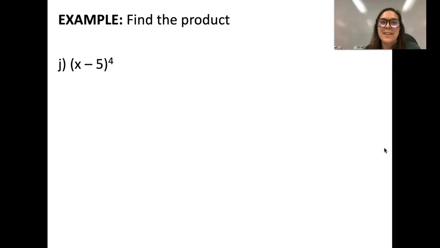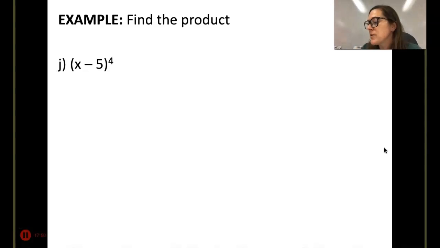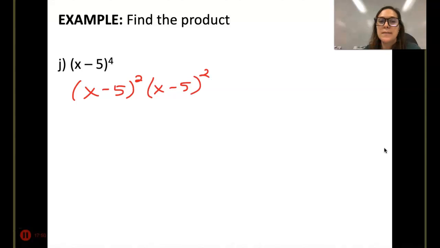Hopefully you did. All right, so now the last thing that we have to cover is what happens when we have an exponent that we have to expand, to the fourth. And here our trick is, if you remember our rules of exponents, x minus 5 to the fourth is the same as x minus 5 squared times x minus 5 squared, right? So then, where do we go from there?